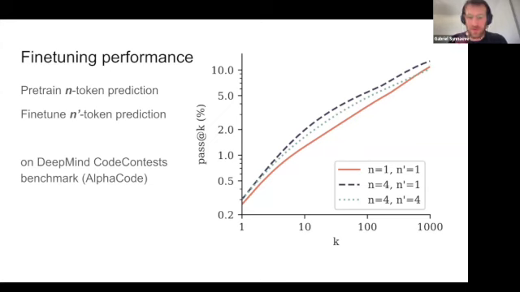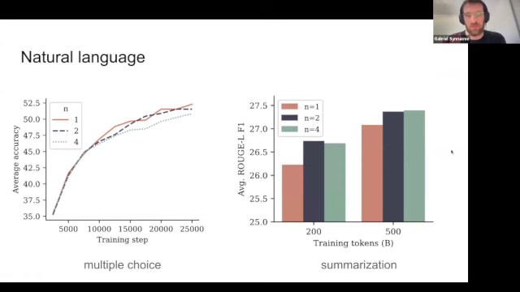You can say, I will just pre-train with multi-token prediction, and then I will do what I usually do with my model, so I will discard those future token heads. You retain this gain when you fine-tune with n prime equal 1. So it shows compatibility with the standard training pipelines.